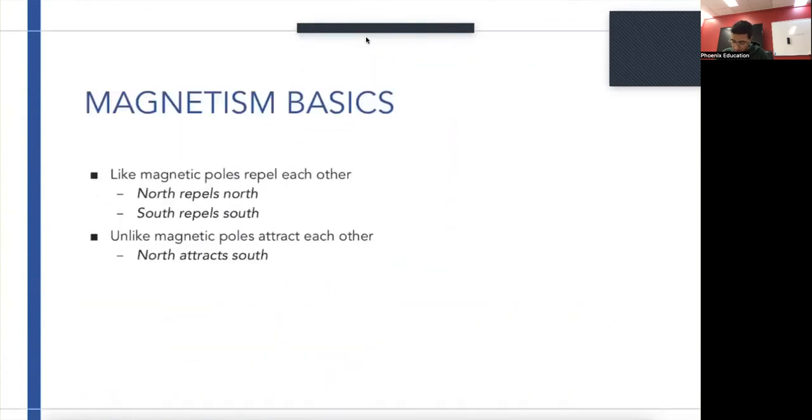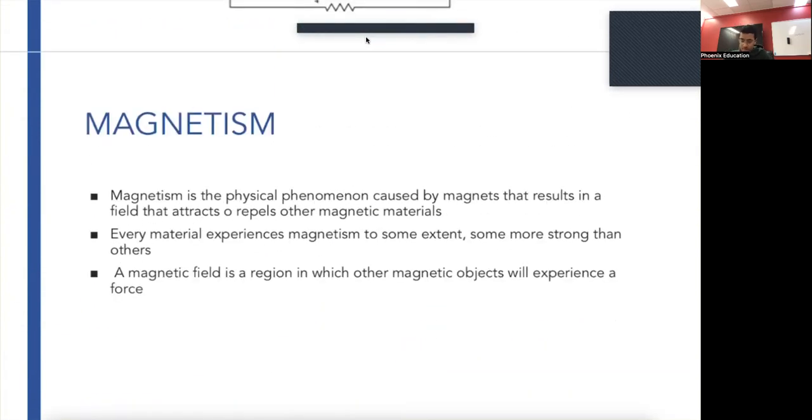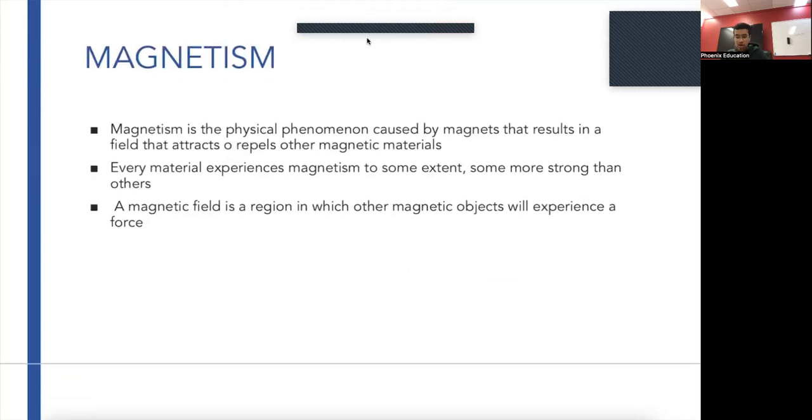Okay, magnetism. So magnetism is basically a phenomenon in which two magnets, or a field, cause some sort of attraction between materials. And these materials can either attract or repel. Okay, and every material will have some magnitude of magnetism.